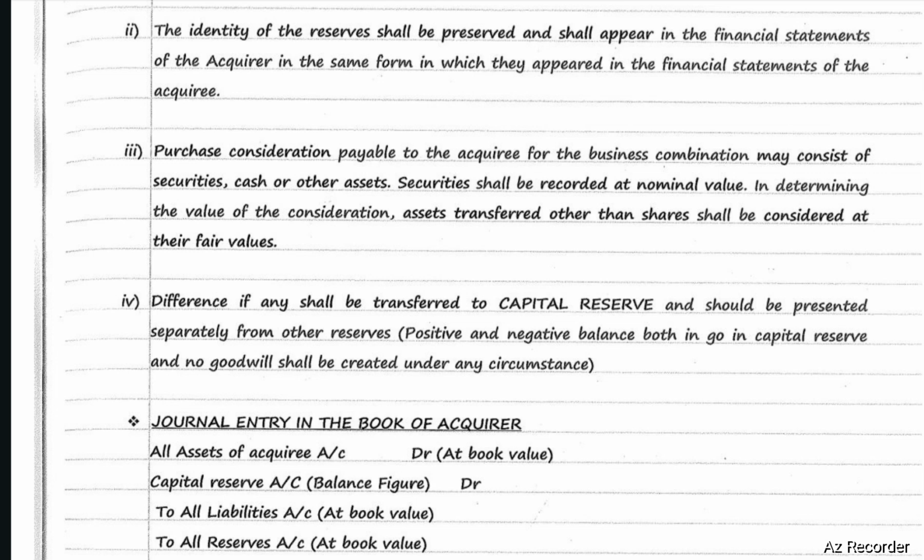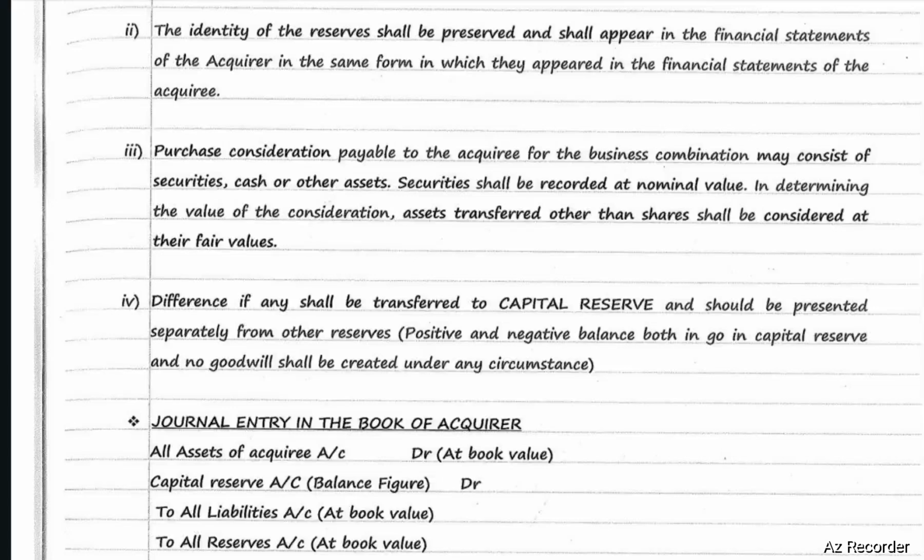Third one, purchase consideration payable to the acquiree for the business combination may consist of securities, cash, or other assets. Securities shall be recorded at nominal value. In determining the value of consideration, assets transferred other than shares shall be considered at their fair values. The difference, if any, shall be transferred to capital reserve and should be presented separately from other reserves.